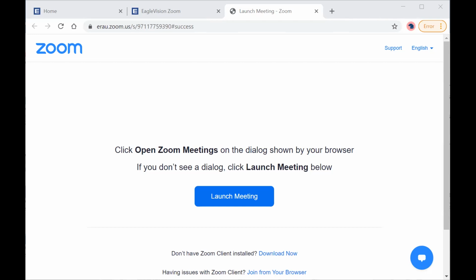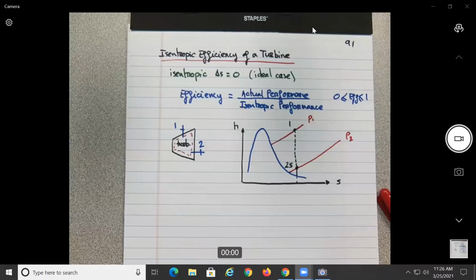Okay, let me pause. All right, guys, sorry for a little technical issue. So basically I was saying that the efficiency for anything is the actual performance divided by the ideal performance, no? So in this case, if we look at the turbine, the pressure going in should be higher than the pressure going out. And if it's isentropic, this should be a straight line.